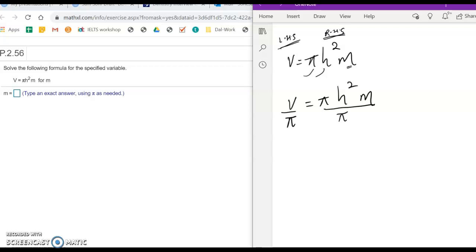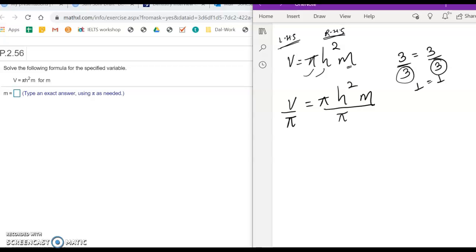If I had something like 3 equals 3, and I divide both sides by the same number, say 3, then 3 upon 3 is 1, 3 upon 3 is 1. So you will see that if you divide by the same number on each side of the equality, you do not change anything. We use this in solving a question involving these variables.